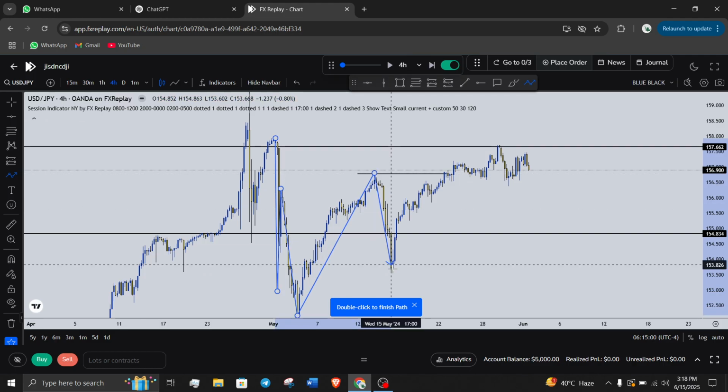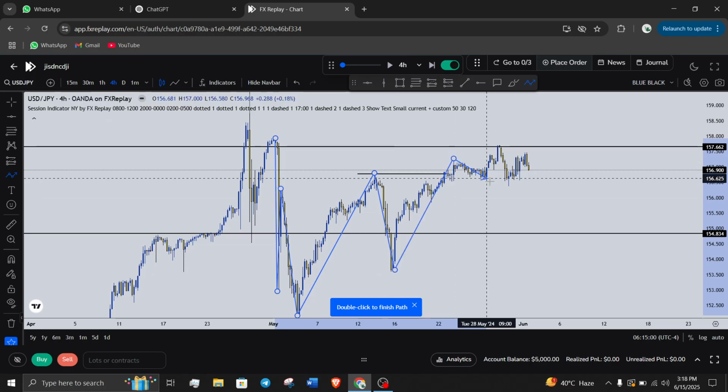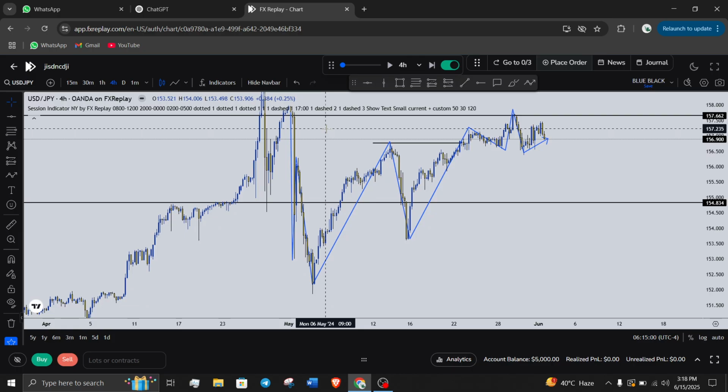This is our 4 hour structural zone. Created this low, another higher high, this low, and we are currently right here. We came down.